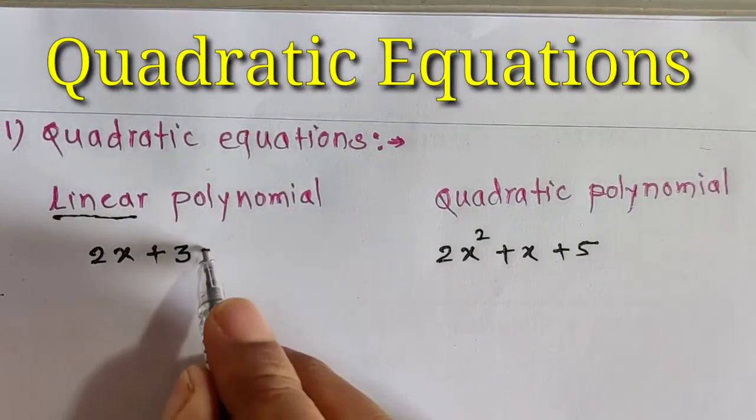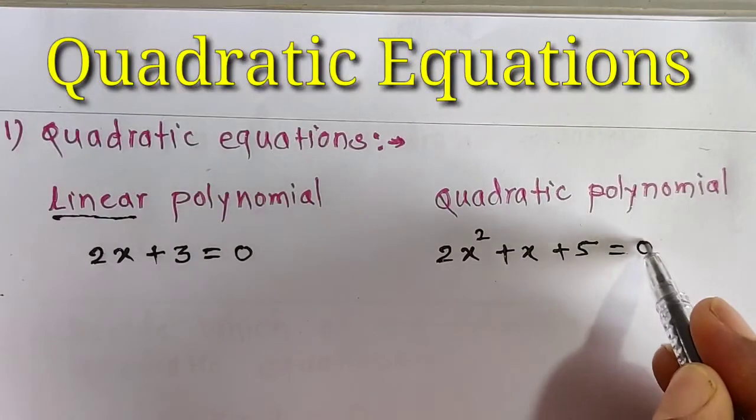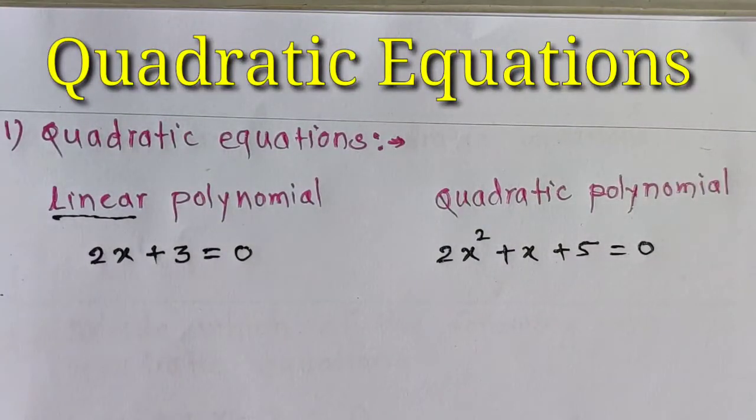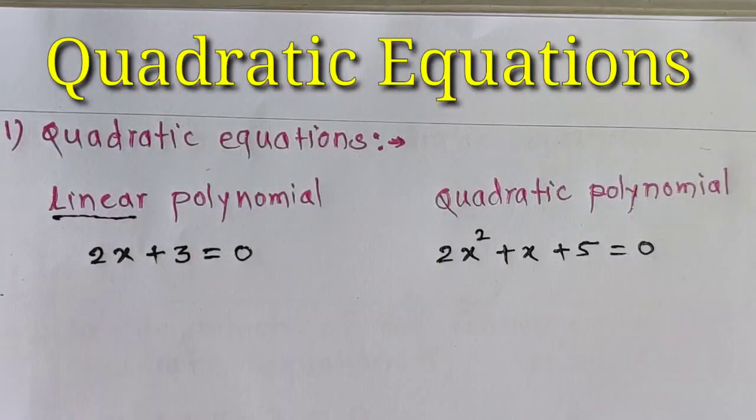If we write it equal to 0, then it becomes an equation, and this is called a quadratic equation. So if the degree of the equation is 2, then it is called a quadratic equation.